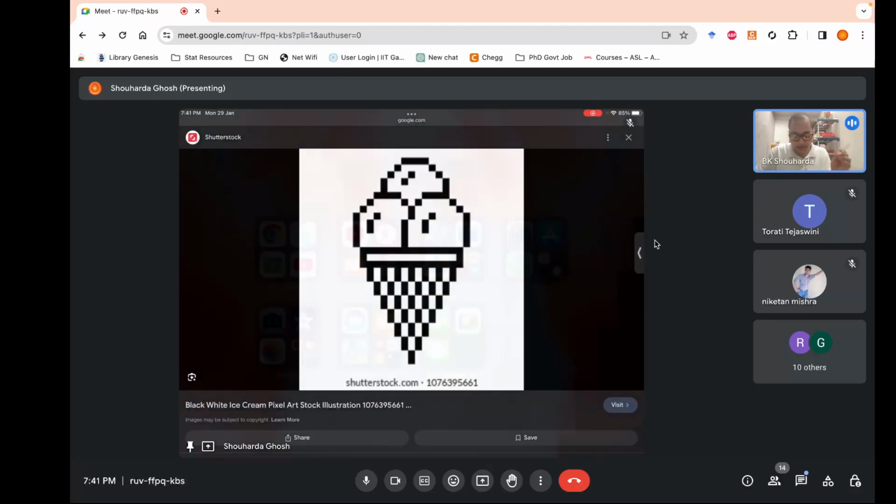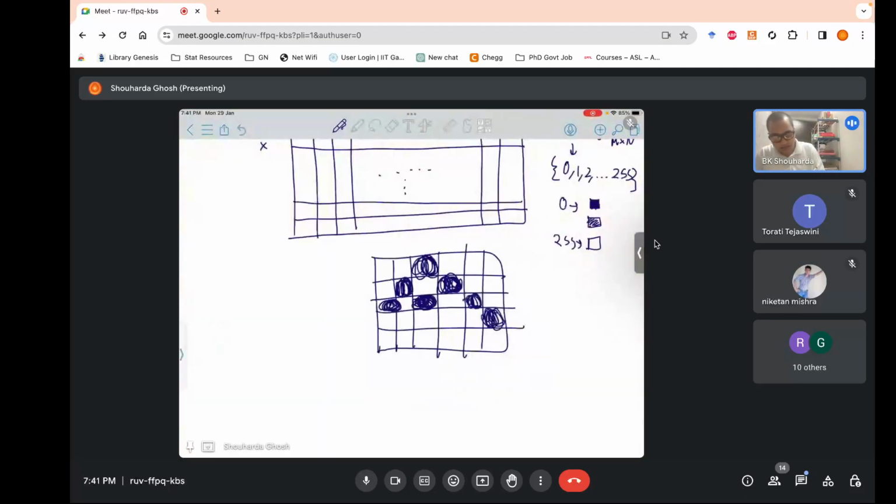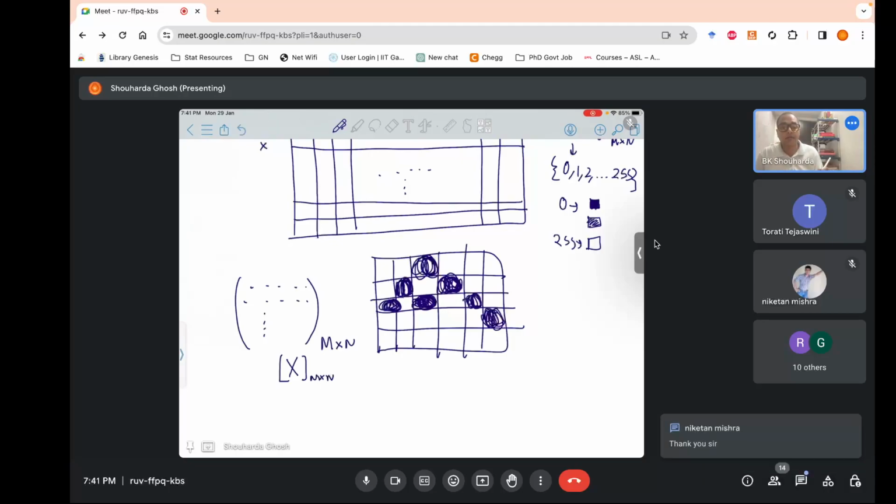In mathematical terms, if you want to look into the mathematics, you are actually looking at an m cross n array filled with integer entries. That's a signal, a mathematical way of describing a signal, a matrix X. That was the pure black and white, the binary image.